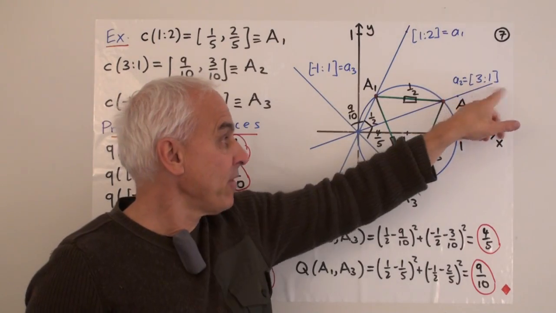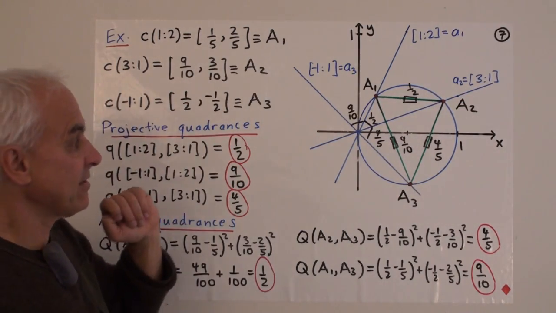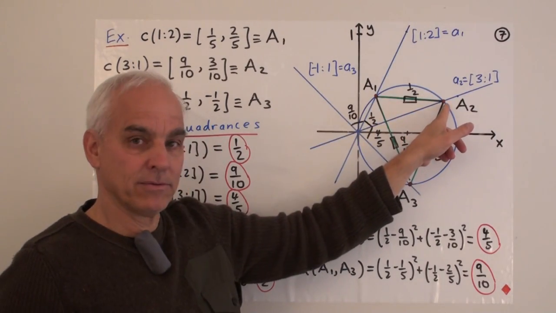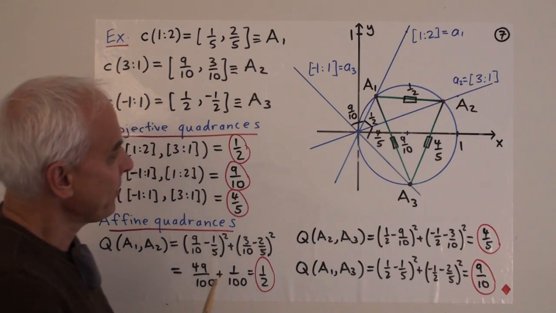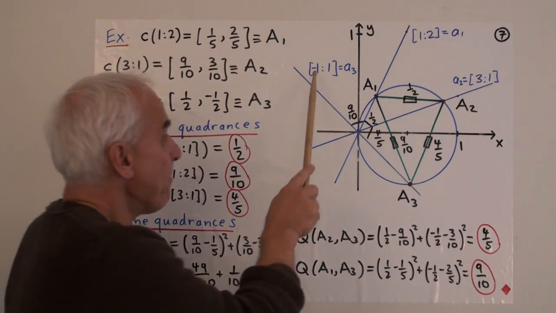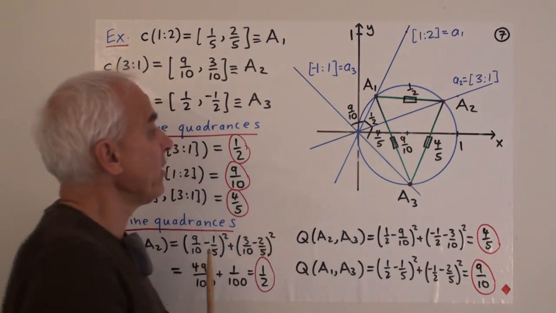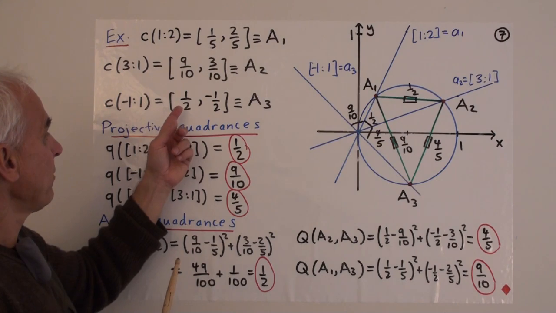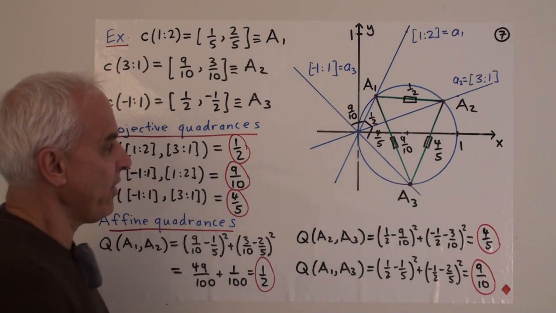So we multiply both by 3/10 to give us 9/10 and 3/10. That's that point there. And the point A3, obtained by taking minus 1, 1 and multiplying both entries by minus 1 over 2, because it's 1 squared plus 1 squared, to give us 1/2, minus 1/2. And that's the point A3 down there.